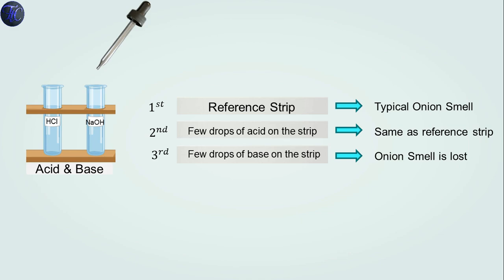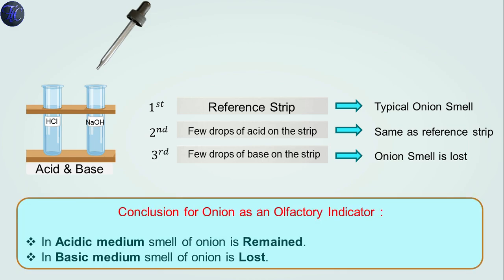What happened to the third strip, on which we added a few drops of base? The onion smell is lost from it. So the conclusion for onion as an olfactory indicator is that in acidic medium, the smell of onion remains as it was, and in basic medium, the smell of onion is lost.